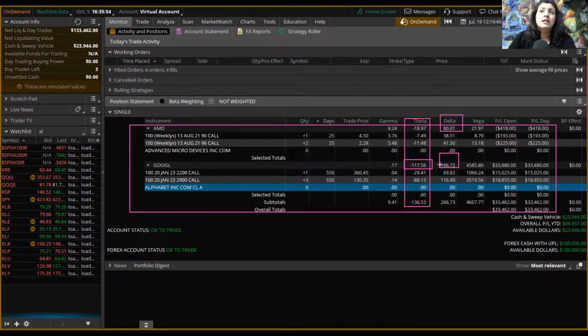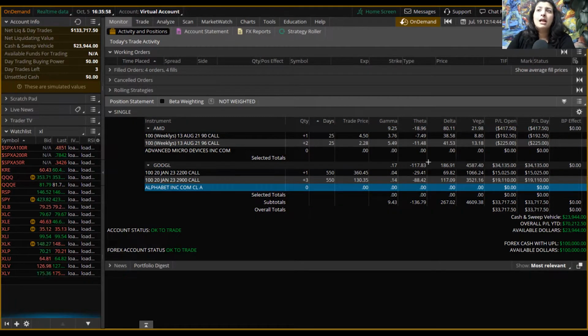So the difference is important, because somebody might just think, wow, I have all this delta, but they don't realize that the amount of negative theta they have is quite significant. So these are all the pieces that you'd want to pay attention to.